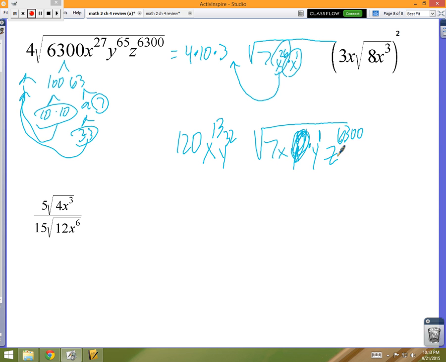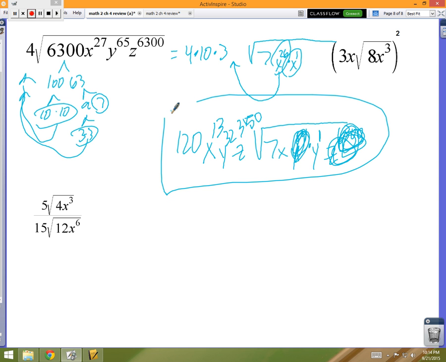So how many pairs are there? If you got 6,300 z's, I'm going to have 3,150. So no z's left inside. The only thing that's left in is 7, x, and y. So my answer should be 120, x to the 13, y to the 32, z to the 3,150.